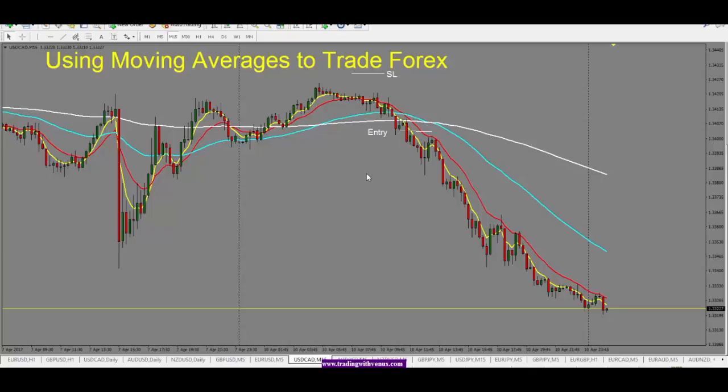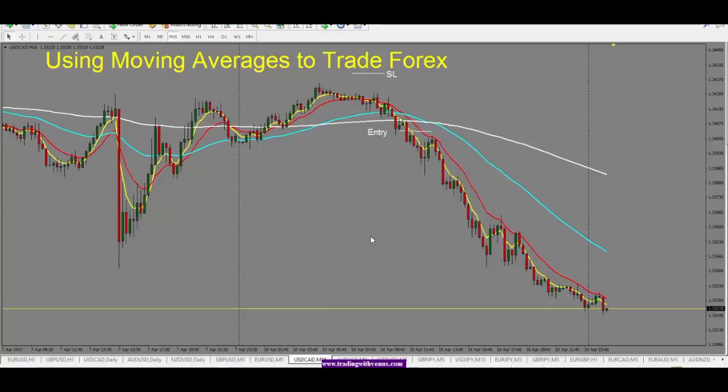So this is how we would use moving averages. The easiest way to use moving averages would be to look for a moving average crossover. In any kind of a trending move, what we would like to see is the shortest moving average on the bottom, if you're looking for a downtrend, and the largest one on top. So this is our 200, and then we have the 50, 13, and 5.